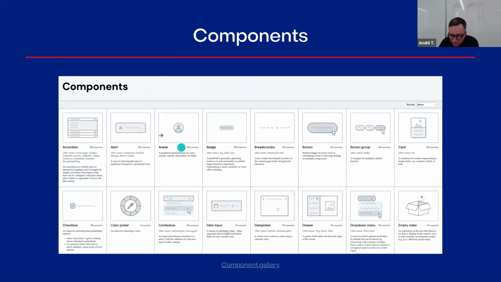So we have an avatar, a button, for instance, breadcrumbs that help us to navigate. Also we have cards, checkboxes. You need to pick the right elements depending on the purpose of your landing page.